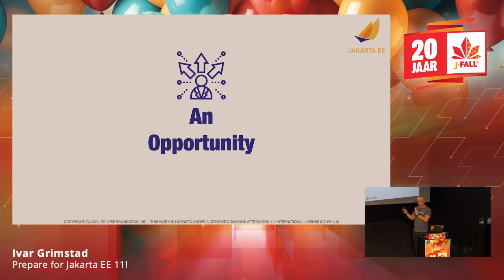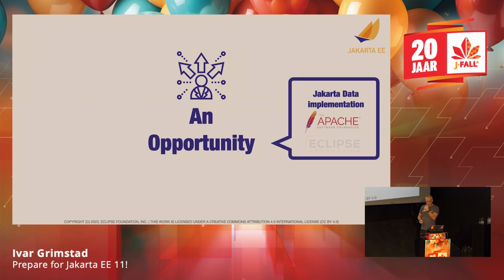And this specification actually comes with an opportunity. As I demoed here, it was the Open Liberty implementation. That's one implementation, and we're happy for that. It's open source, so it's all we need. But we want more implementations. So if you want to do an Eclipse project for data, or an Apache project, or something, I'm pretty sure Hibernate will support it.